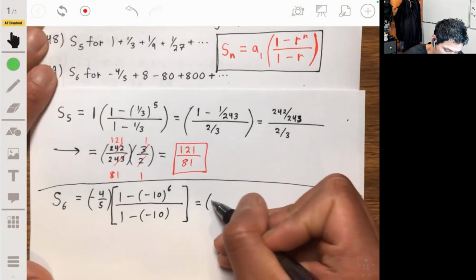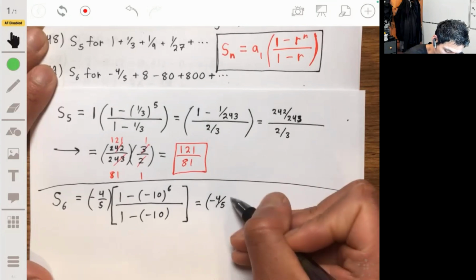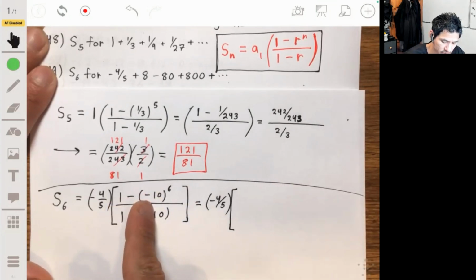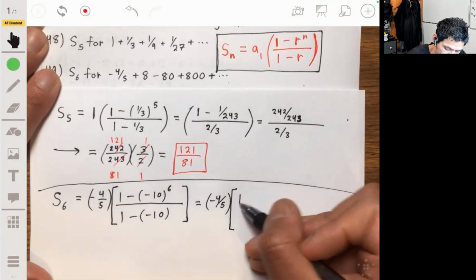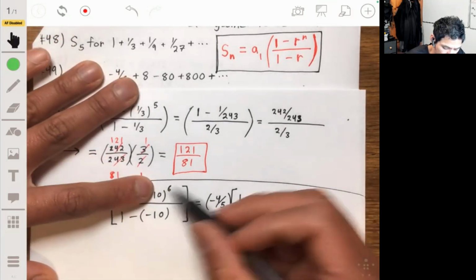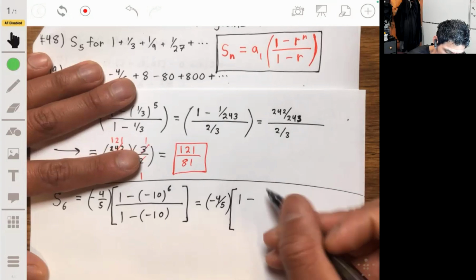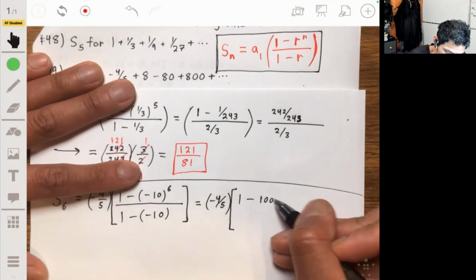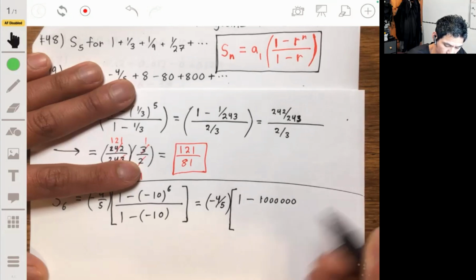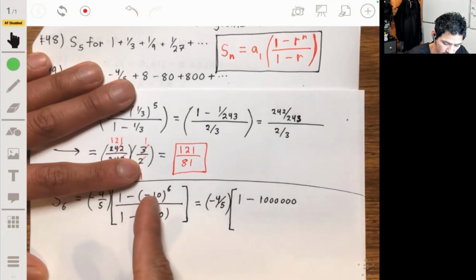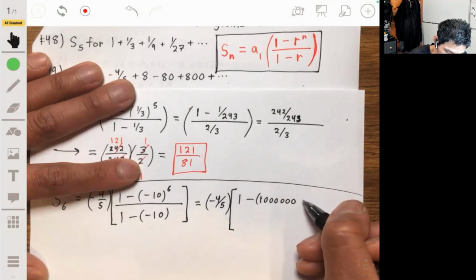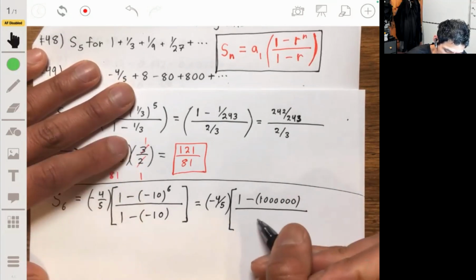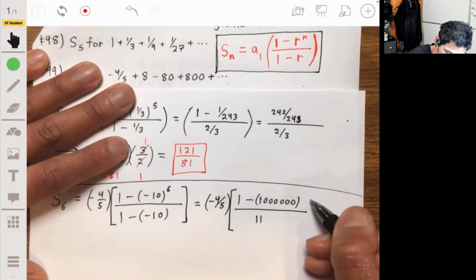Okay, so then this will be negative 4/5 times 1 minus negative 10 to the 6th. Negative 10 to the 6th is just a 1 followed by 6 zeros, and that'll be a positive 1 million. 1 minus a positive 1 million. All over 1 minus negative 10, which will be positive 11.